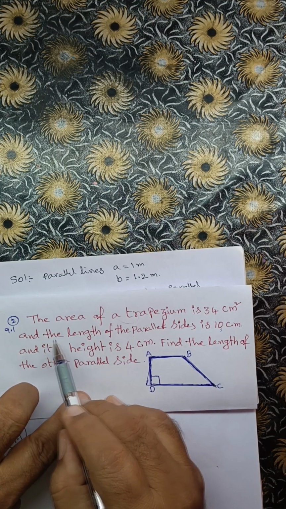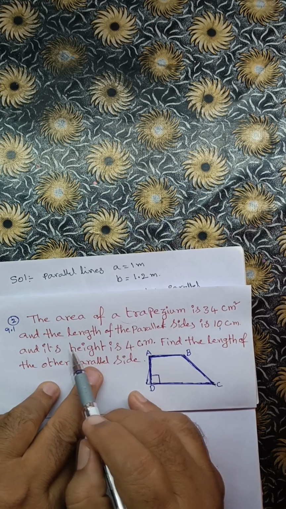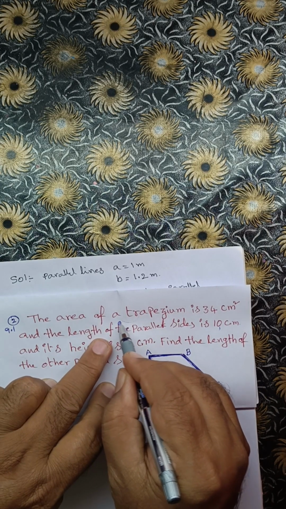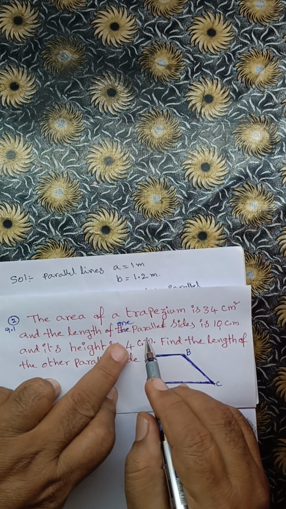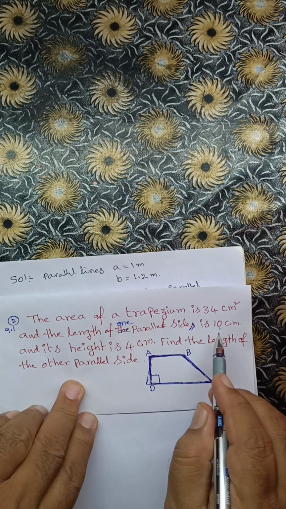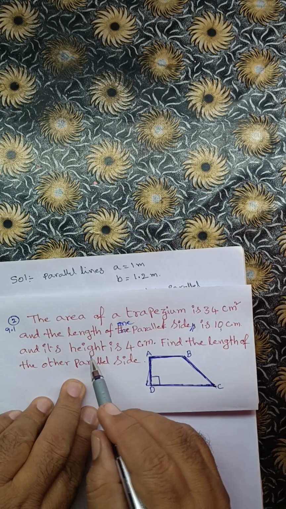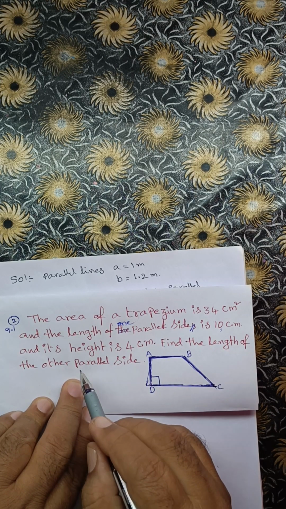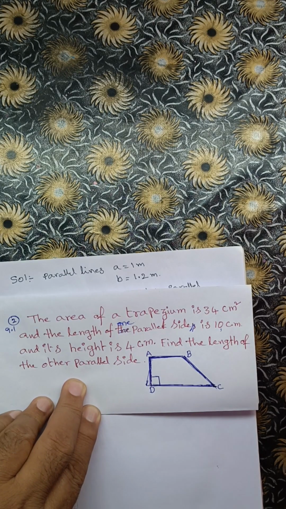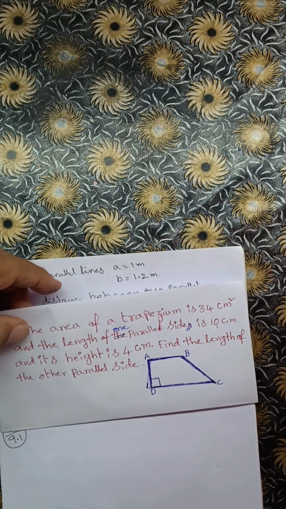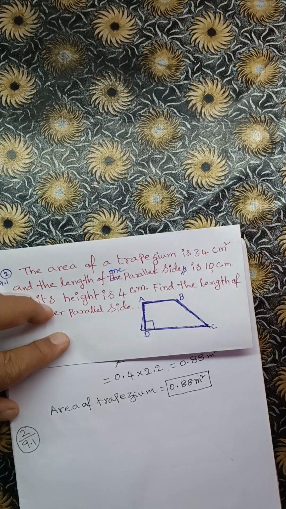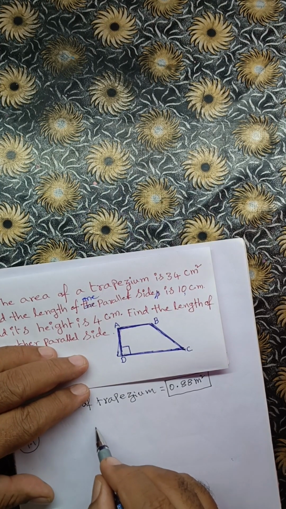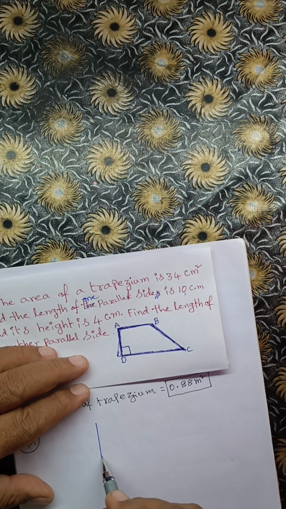Here, the length of one parallel side is 10 centimeter and its height is 4 centimeters. Find the length of the other parallel side. Here the diagram is given.